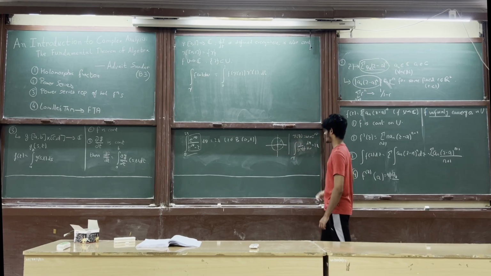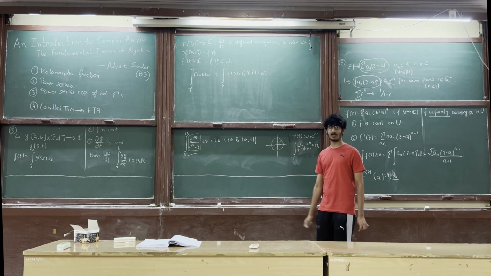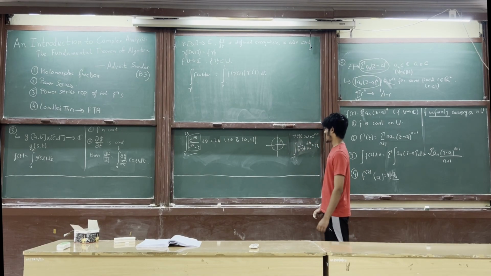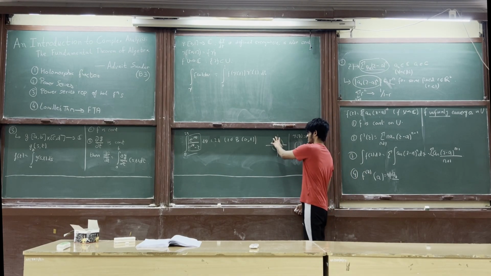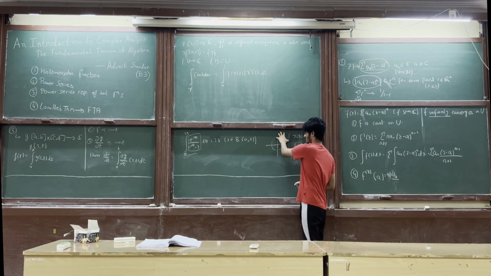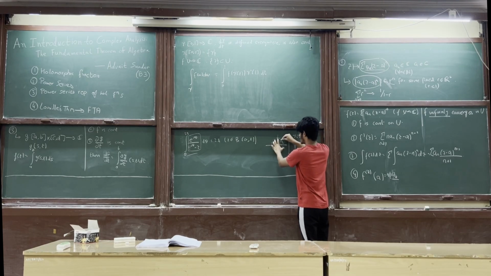This just again says that you just go around the circle and the total angle you get is 2 pi. And now what we'll do is we shall take this circle that is centered at 0 and continuously deform it to a circle that is centered at z.